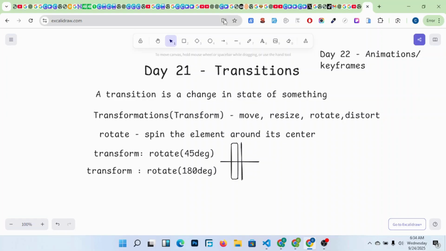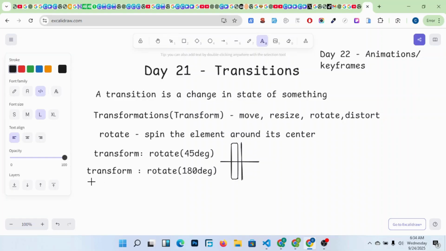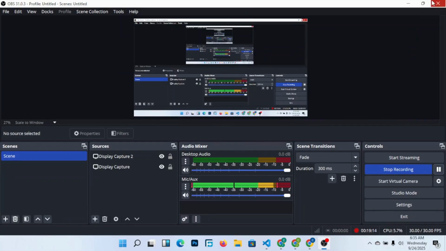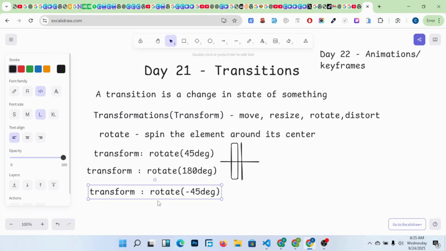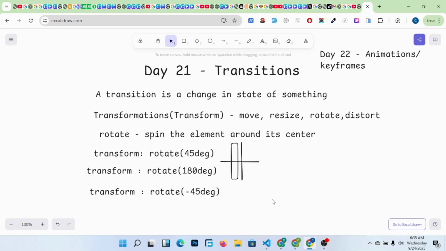Now, if I come here and say transform rotate negative 45 degrees, okay?